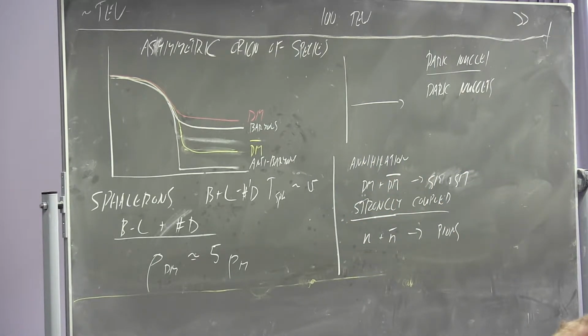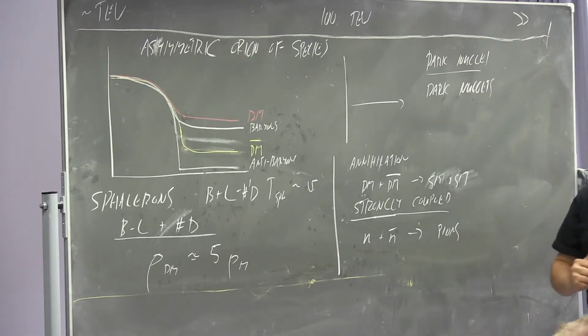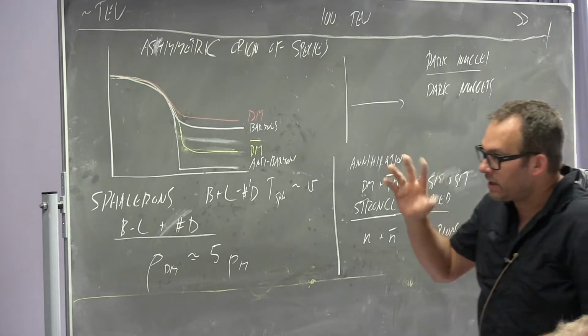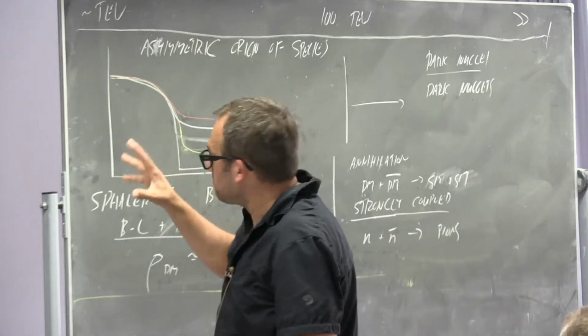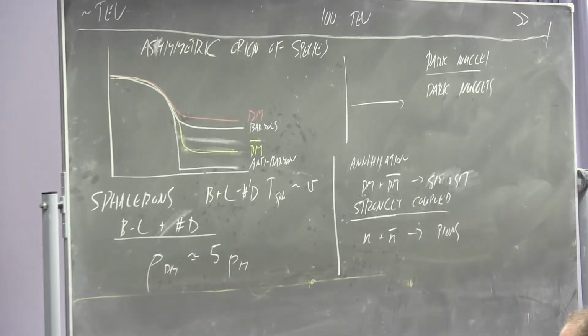So we have populated the entire dark matter mass spectrum from 10 to the minus whatever eV, some tiny scale, and we can populate it all the way up to far north of 100 TeV. Though in each of these cases, the mechanism by which we arrive at dark matter is probably one of the types that I'm showing.